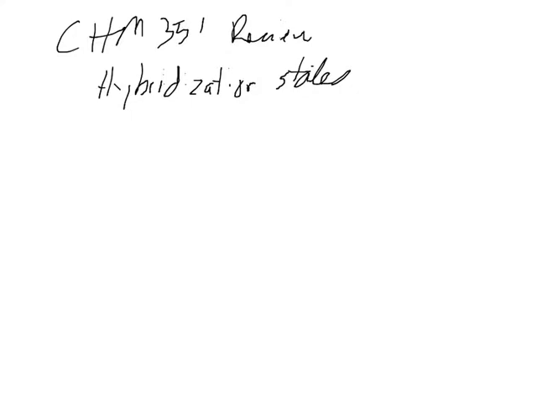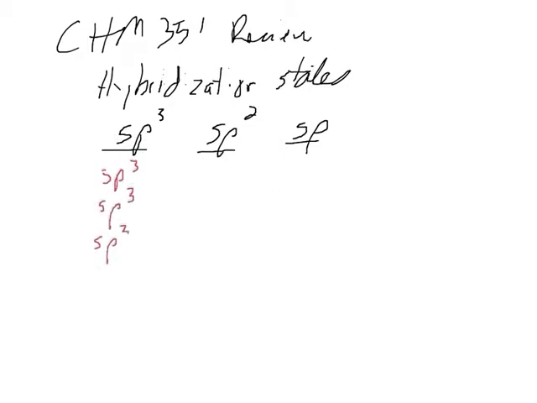There's three types of hybridization states: sp3 hybridized, sp2 hybridized, and sp hybridized. Those three types have different types of molecular orbitals associated with them. For sp3, it's four sp3 orbitals.